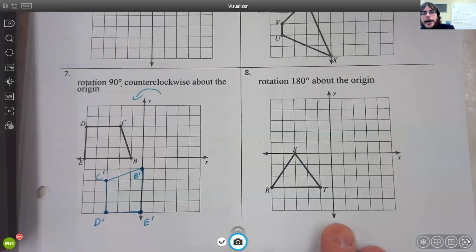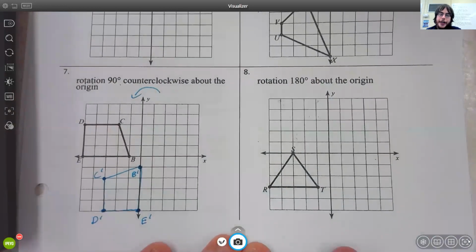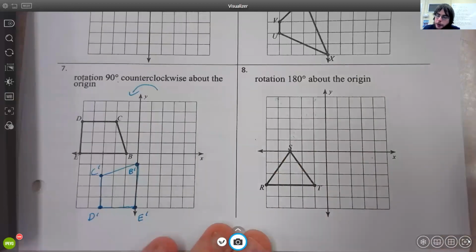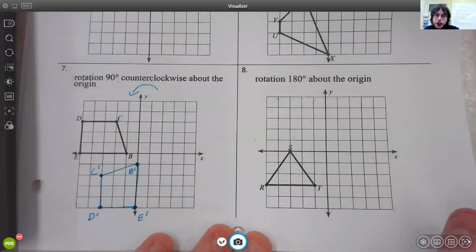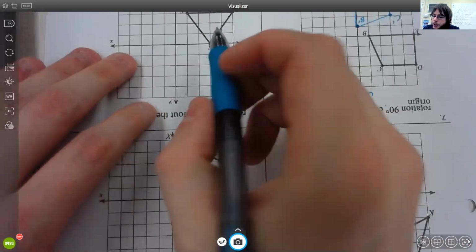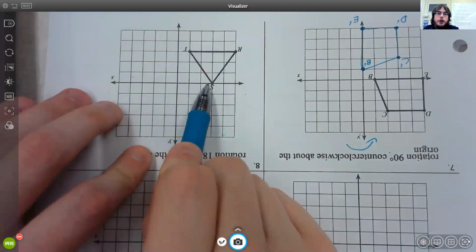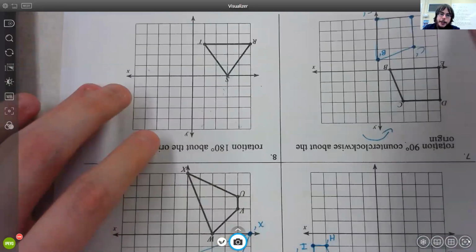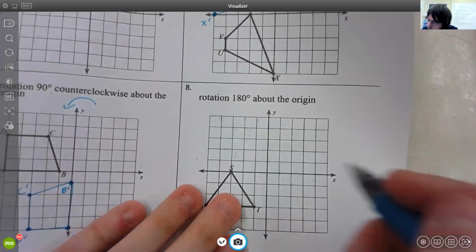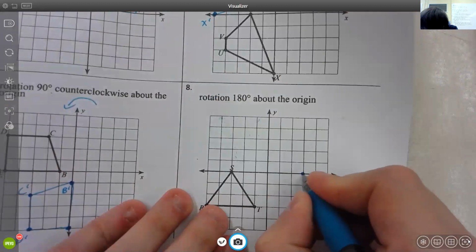And finally, number 8, your rotation 180 degrees about the origin. We can just change the signs. I am going to do it by rotating the paper, but you can just change the signs, make the positives negative, negatives positive. So S prime, you have to go right 3 and you don't move up or down any. So it's just 3, 0 for S prime.